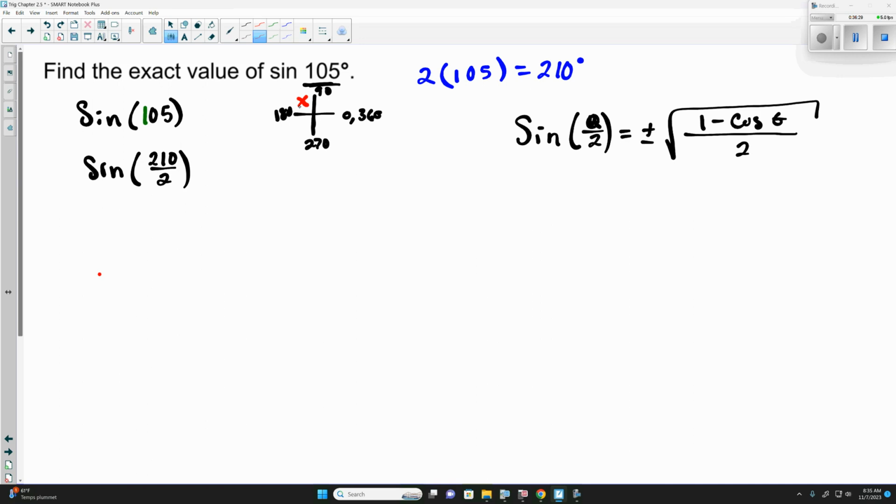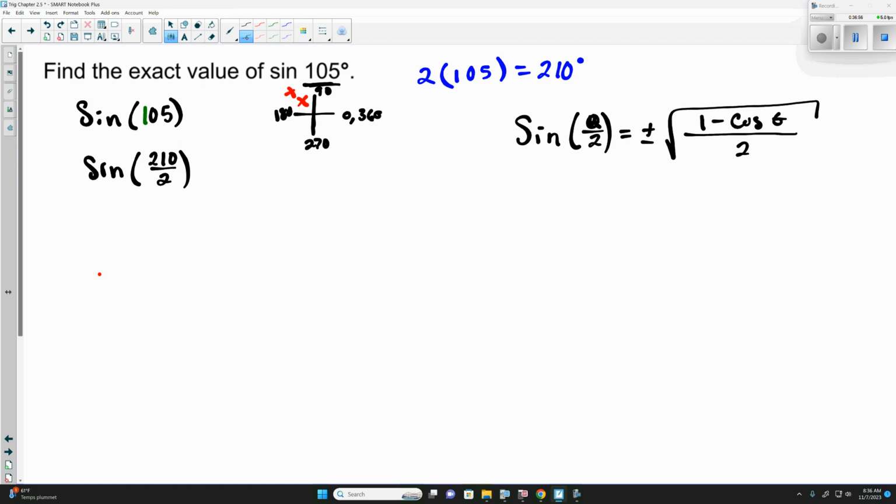And for us, we're talking about sine. Sine is positive in the second quadrant. So that means the formula that we use when we plug this in, we're going to look at the positive version of this here, not the negative. If we had been talking about the third or fourth quadrants, it would have been negative.